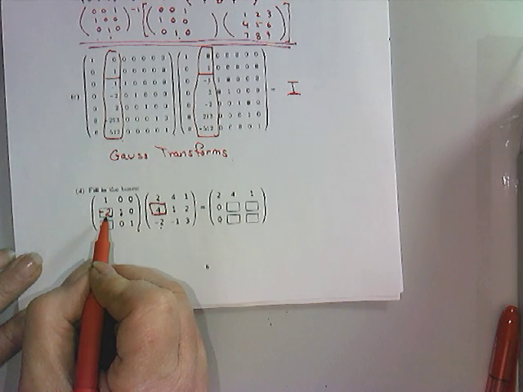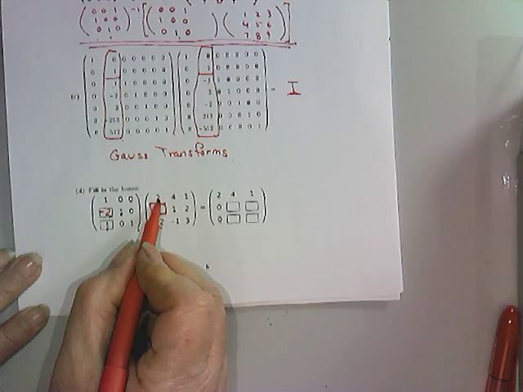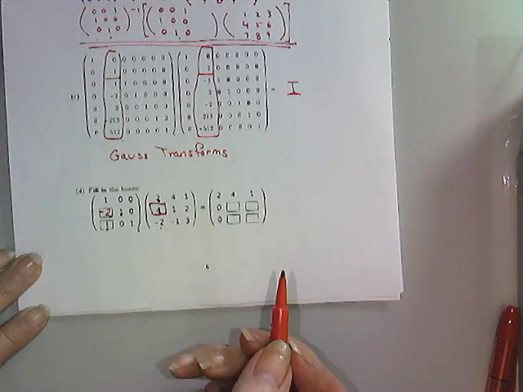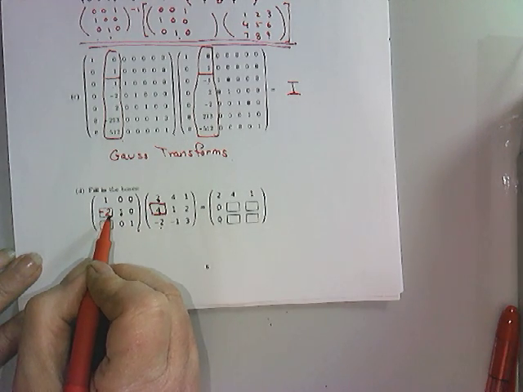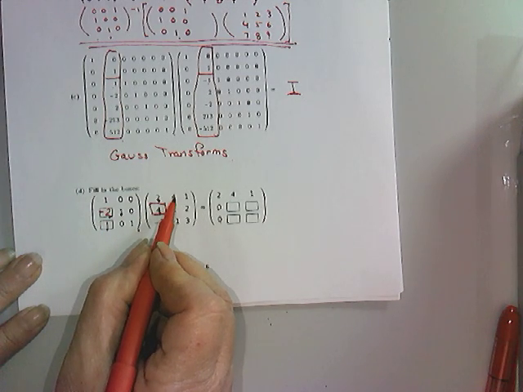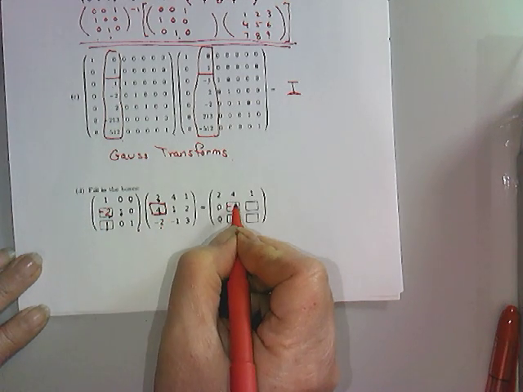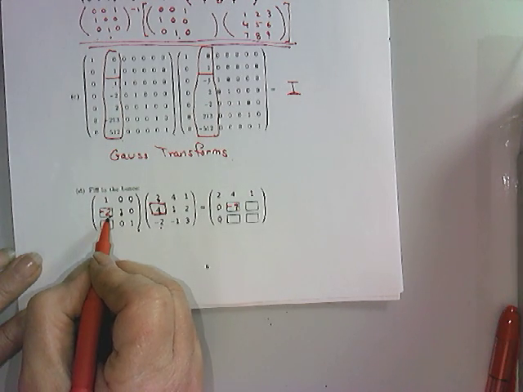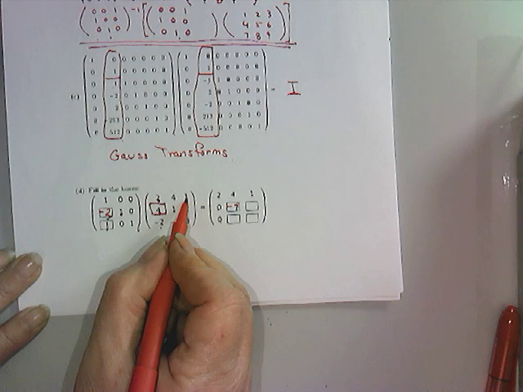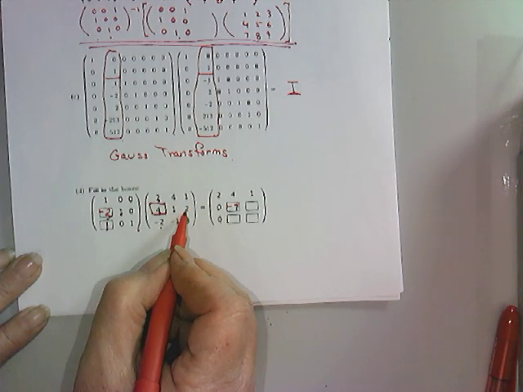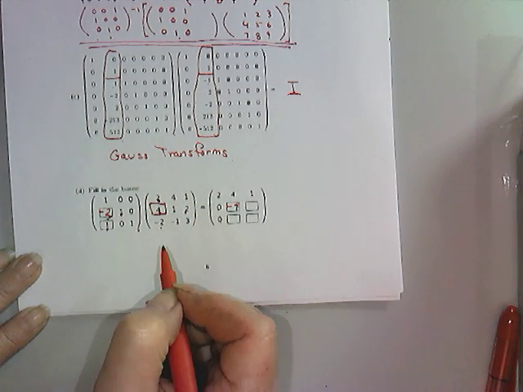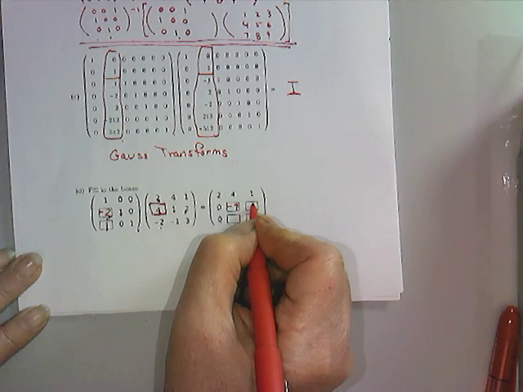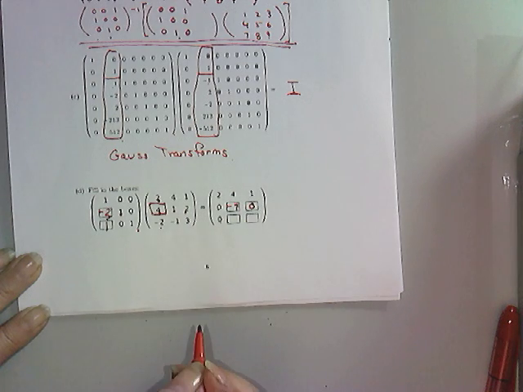And so the first entry will be negative 2 times 2, which is negative 4, plus 4 is 0, which is what we wanted. The second entry will be negative 2 times 4 is negative 8, plus 1, negative 7. The next entry will be negative 2 times 1, which is negative 2, plus 2 is 0, and then of course plus 0, but we can ignore that. So this will be 0.